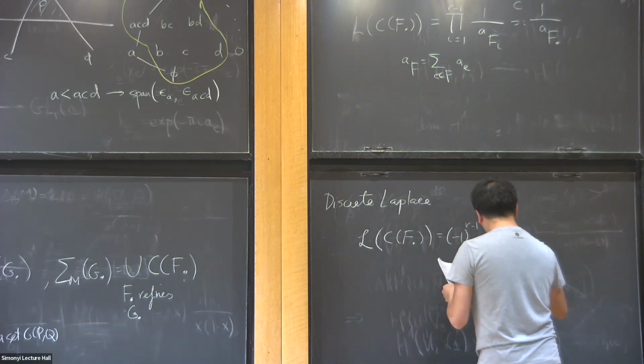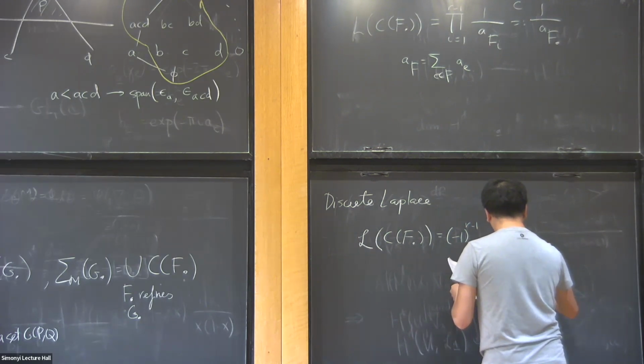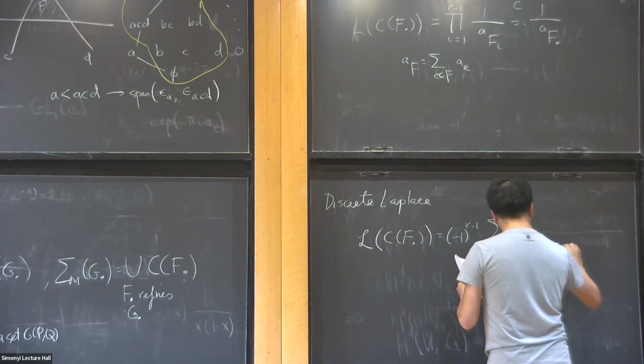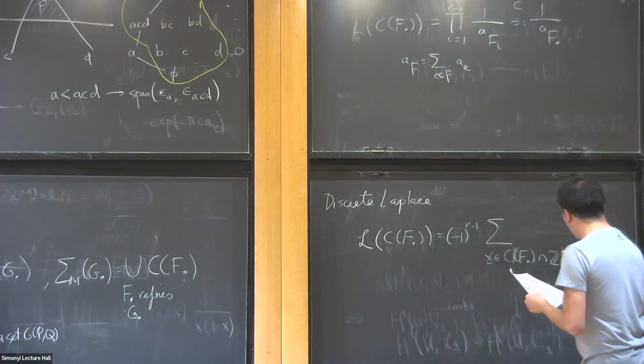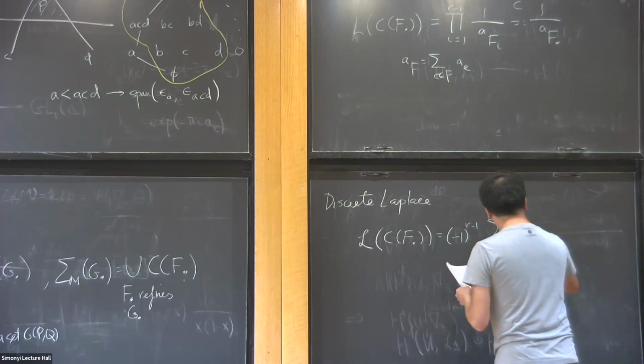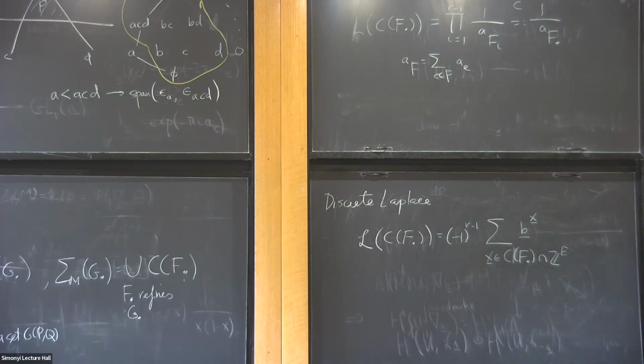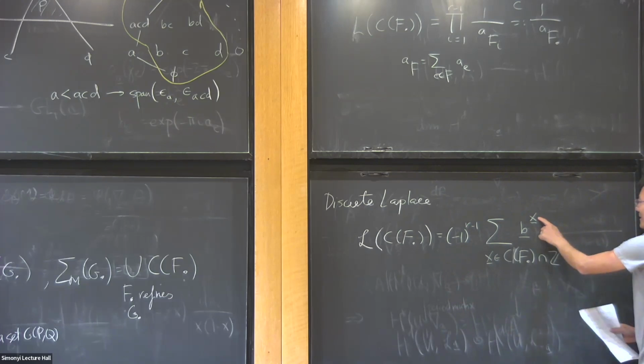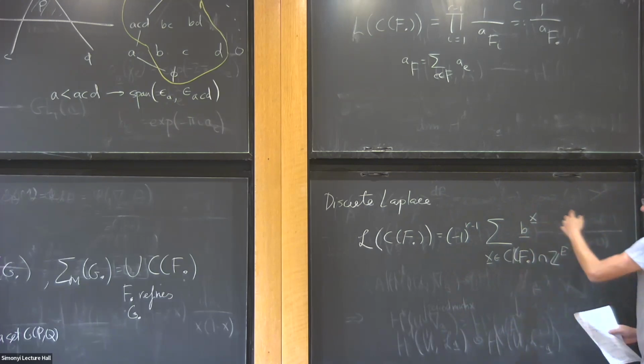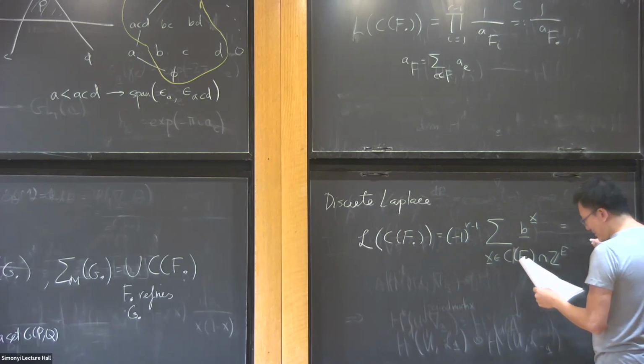You take all lattice points inside the cone with V to the E, and you take the monomial in B's that corresponds to those lattice points. So if this has some integer coordinates, you take B1 to something, B2 to something, and so on. And there's also a formula for this.